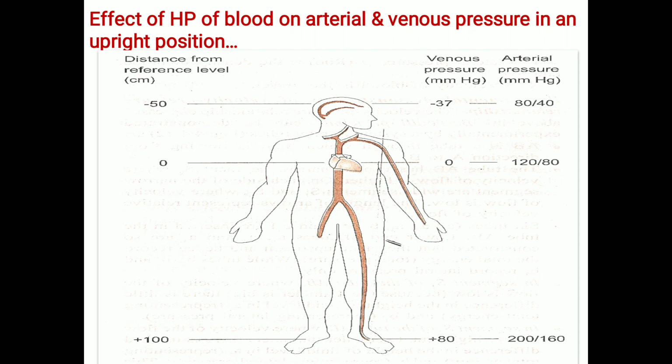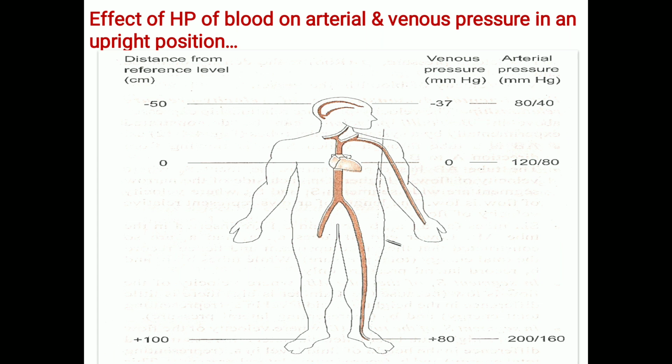One thing you can see: at a distance of 50 centimeter above the heart, what will happen to arterial pressure? Arterial pressure decreases to 80 by 40, whereas below the heart the arterial pressure increases. This is because of the effect of hydrostatic pressure. In an upright position, above the heart at the head level and below the heart at the lower limb level, what will be the effect on the arterial pressure and the venous pressure?